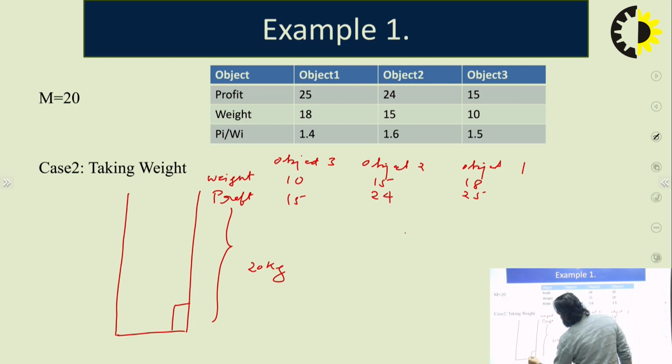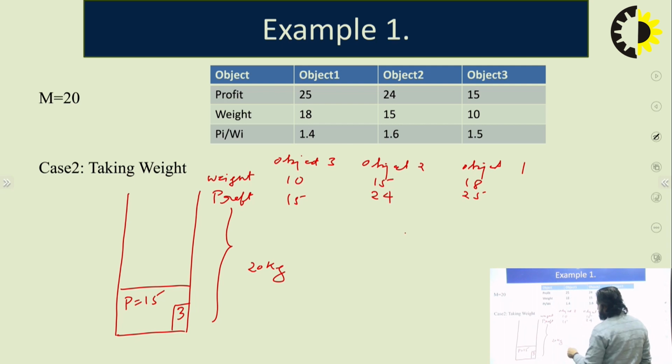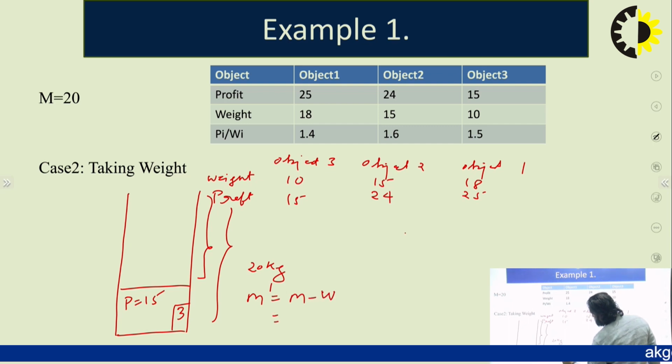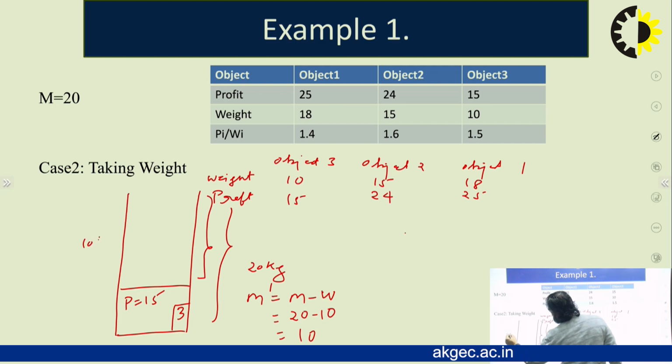We choose object 3, weight 10, profit 15. The remaining weight is M dash equal to M minus W, which is 20 minus 10, equal to 10 kg.